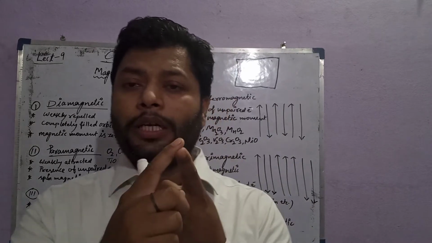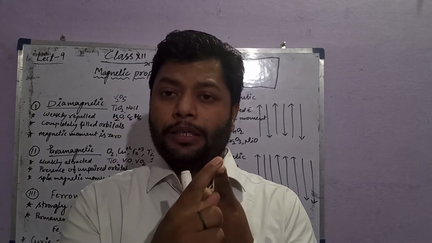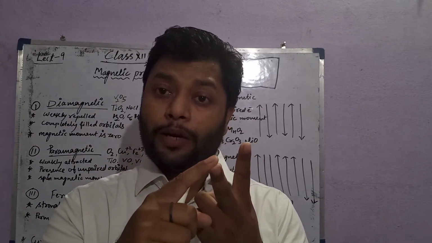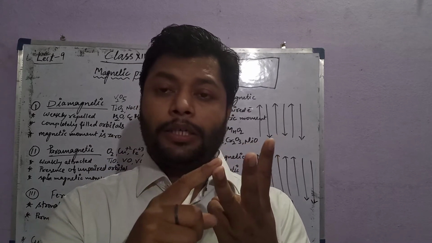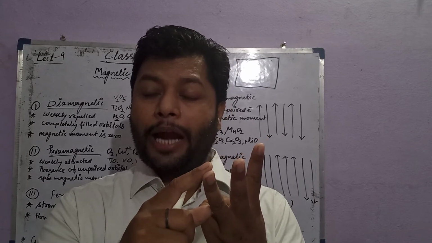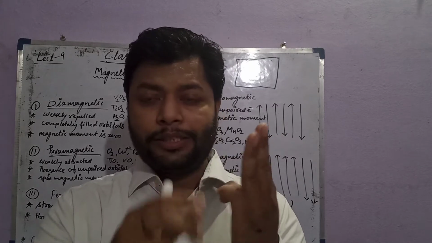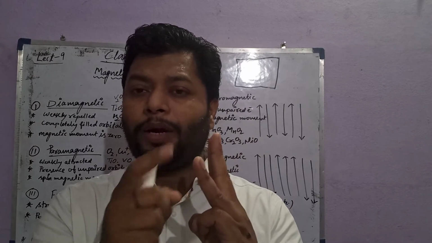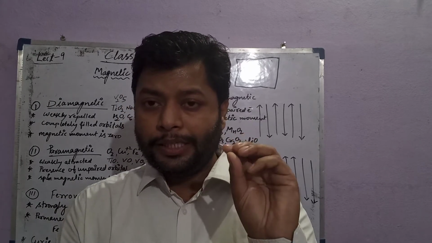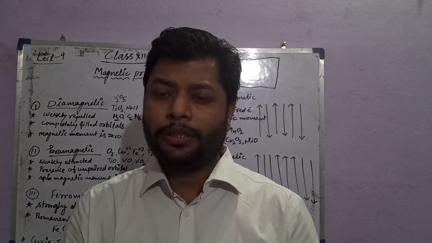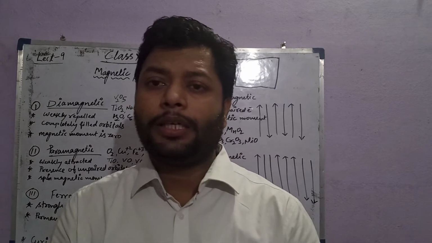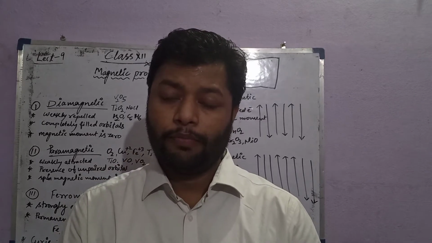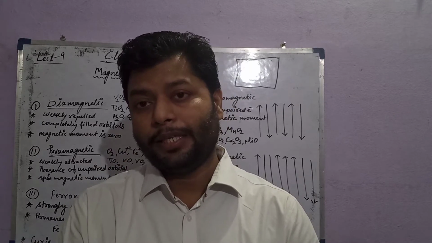This is due to the electronic movement on its own axis, the electronic movement around the nucleus, and the nuclear movement on its own axis. So these three kinds, two for the electron and one for the nucleus, this movement of charge is actually the reason for the magnetic behavior of any single atom.